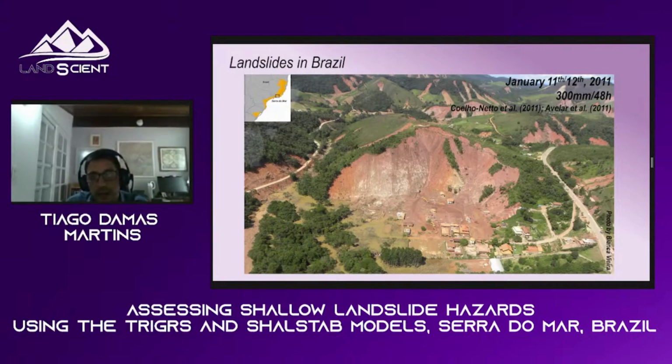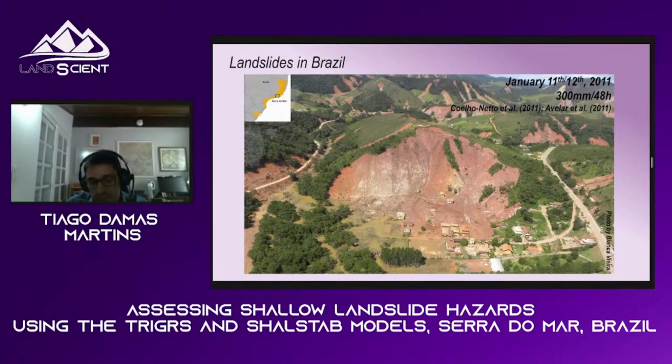And we have a law since 2012, a year after, that requires the municipalities to make susceptibility maps for the towns that are located in this kind of terrain. And we have a national center that was created in order to monitor rainfall and risk areas for Brazil.